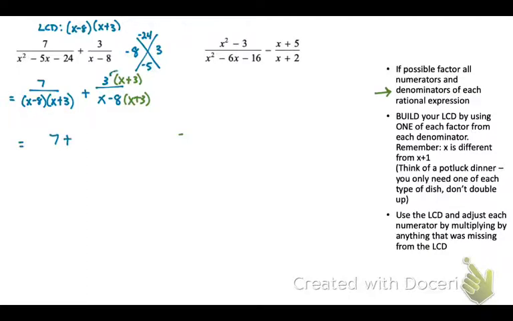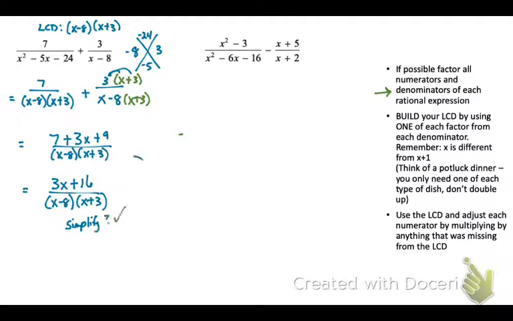Let's combine those numerators. We're going to distribute that 3x all over our common denominator, leaving it factored. We'll combine like terms. Check and see if anything will simplify. There's nothing I can factor out of 3x plus 16. So that is in simplified form.